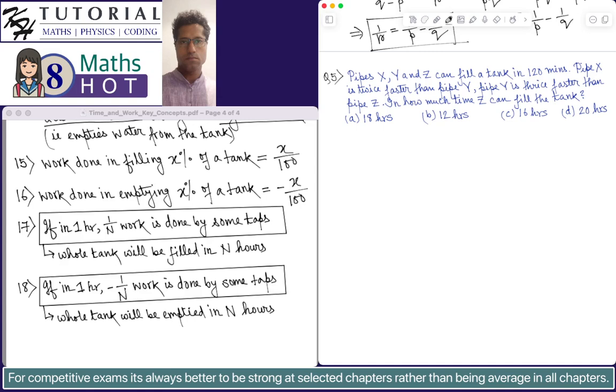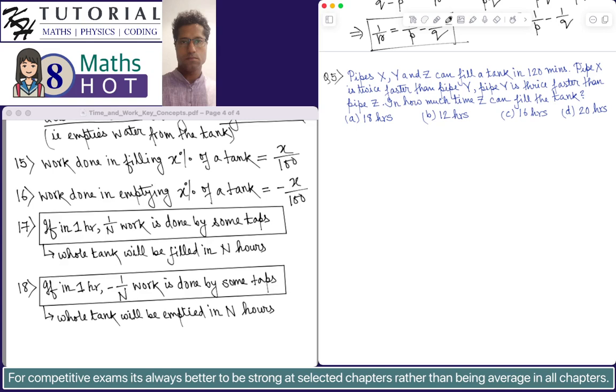You can consider the work done per minute by pipe X to be its speed. Similarly, the speed of pipe Y is the amount of work done in 1 minute. Same for pipe Z. Now the speed of pipe X and pipe Y are given in terms of the speed of pipe Z, and all these three pipes are inlets, they are filling a tank.